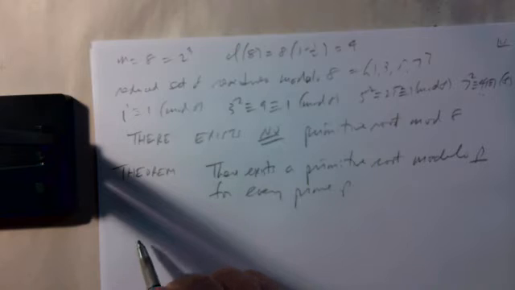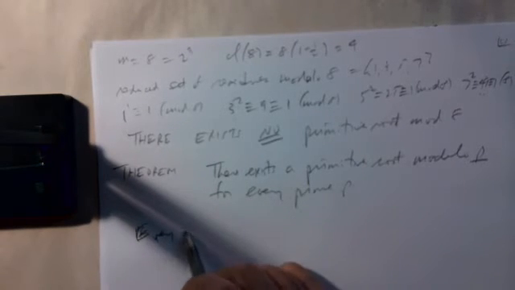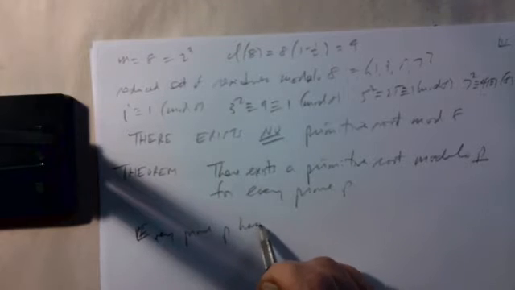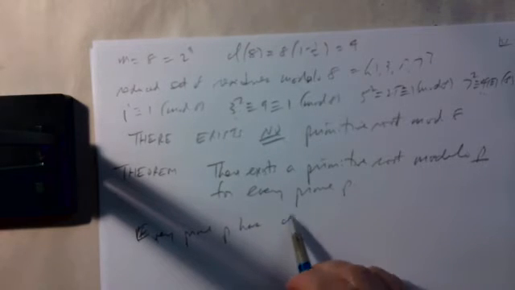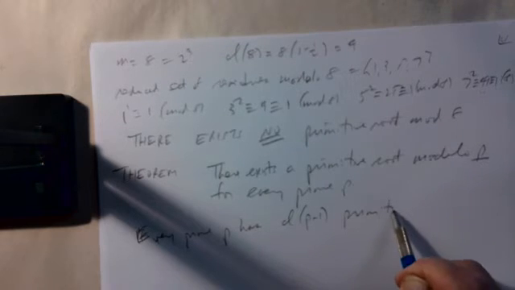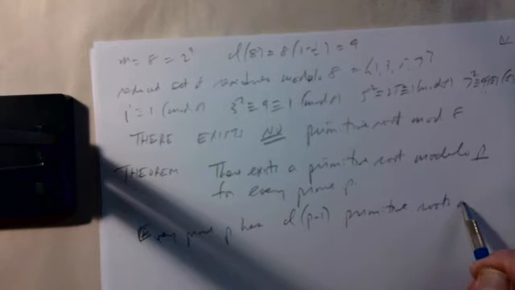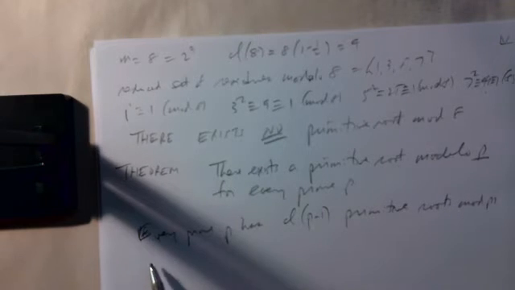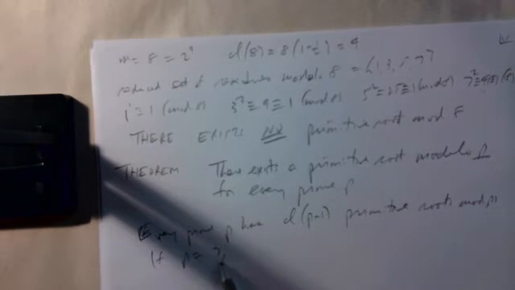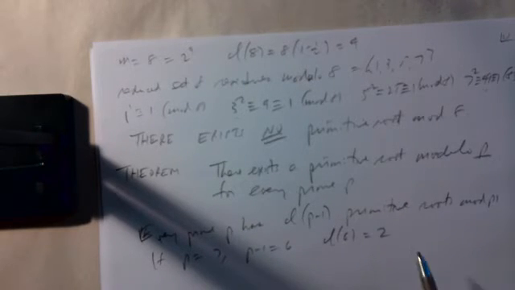So, for example, every prime p has exactly phi of p minus 1 distinct primitive roots mod p. So, for example, if p is equal to 7, p minus 1 is 6, phi of 6 is 2. So 7 should have 2 primitive roots.